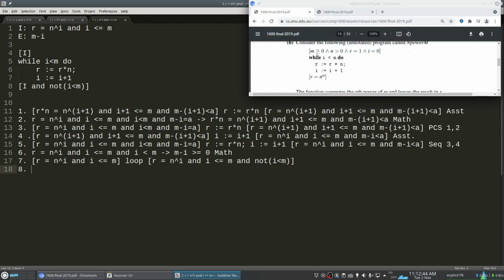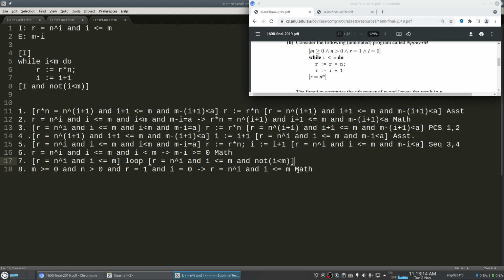So if we were to continue, I would require that this statement here is a stronger statement than the one I've got. So m is greater than or equal to 0, and n is positive, and r is 1, and i is 0 implies the precondition here that I've got. We know that's true because we checked that earlier when I was checking if the invariant was valid.